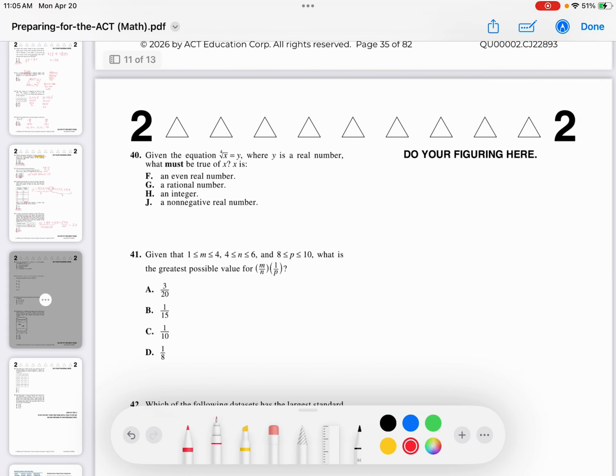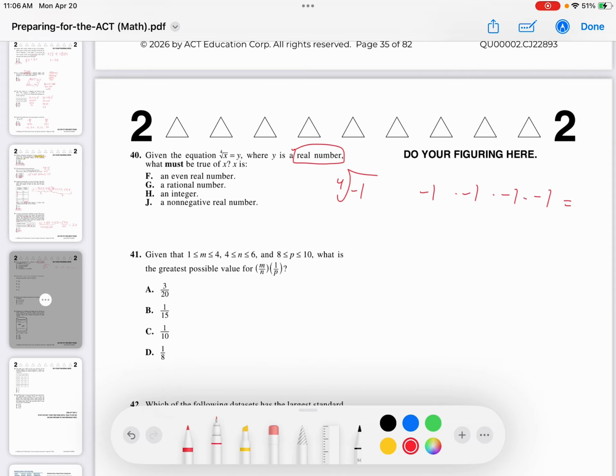Okay, now number 40. Given this equation, where y is a real number, so it can't be imaginary, what must be true of x? Well, in order for it to not be imaginary, we can't have a negative number there, right? Because if we have, for example, a negative 1 in there, we could say that is like negative 1 times negative 1 times negative 1 times negative 1.